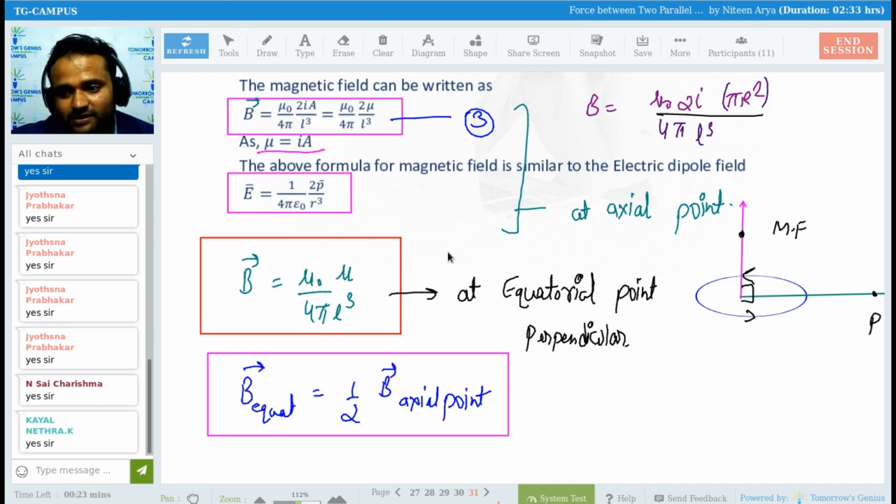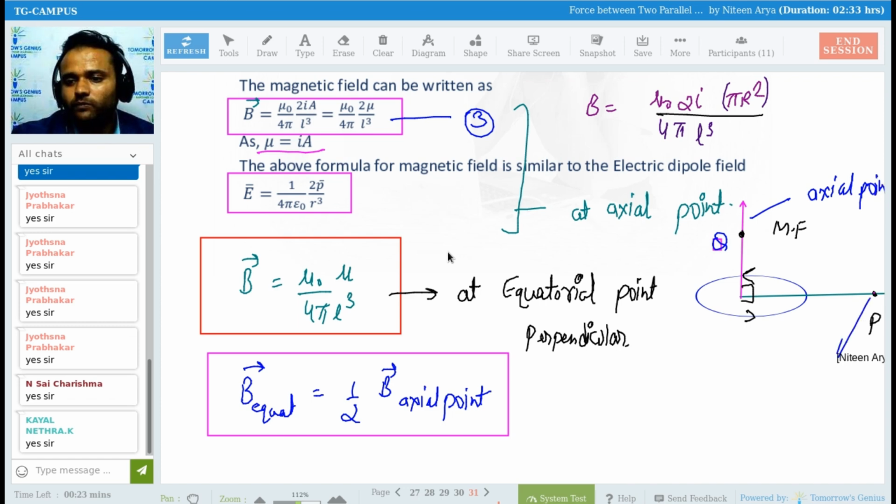Again, I am repeating: this point looks like an axial point, or axis point, and this particular point Q is an axial point. Okay, everyone, clear?